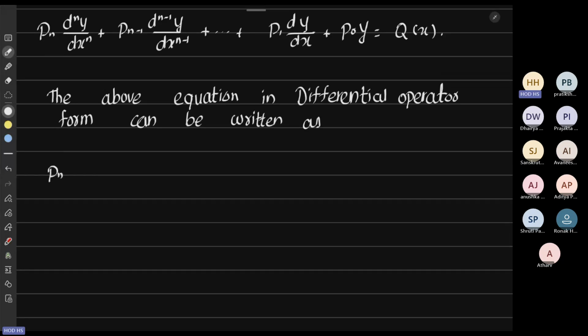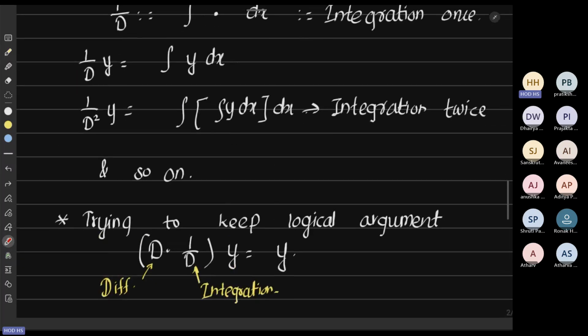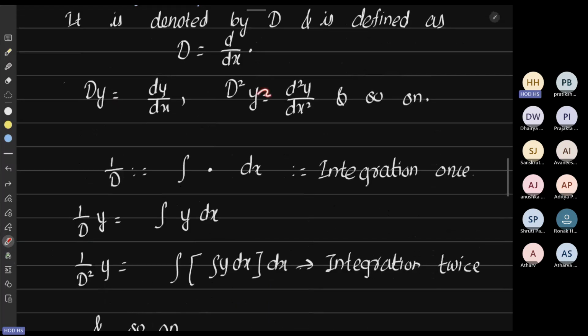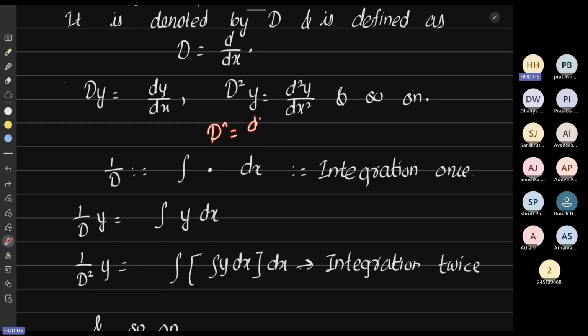For this quantity, d power n by dx power n, we are actually using capital D power n. D power n is equal to d power n by dx power n.